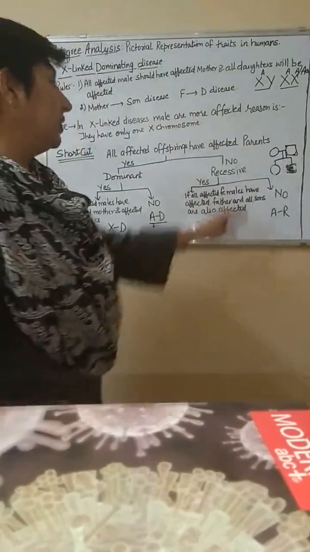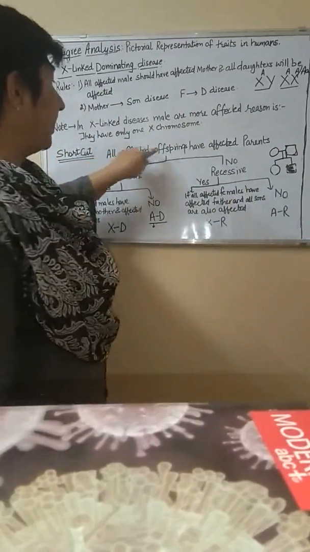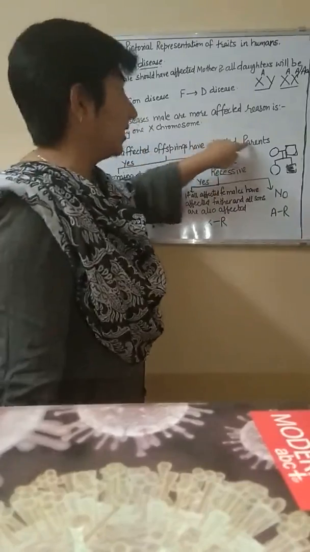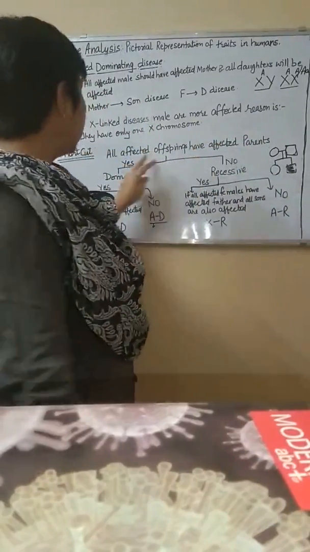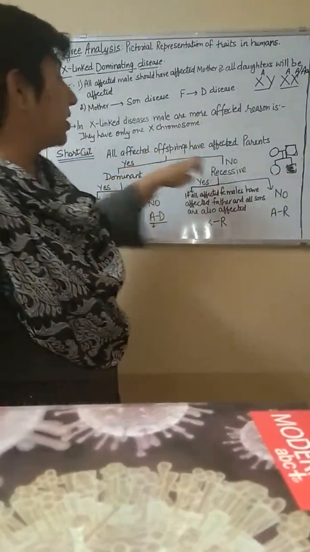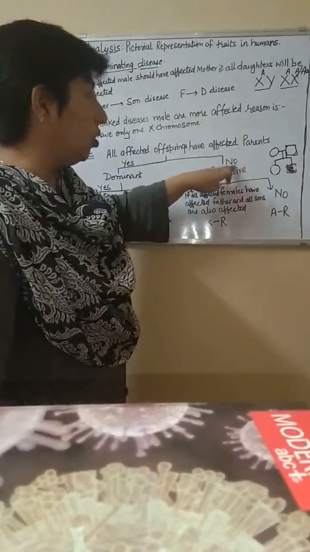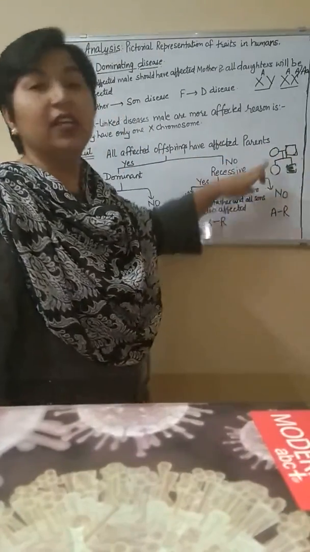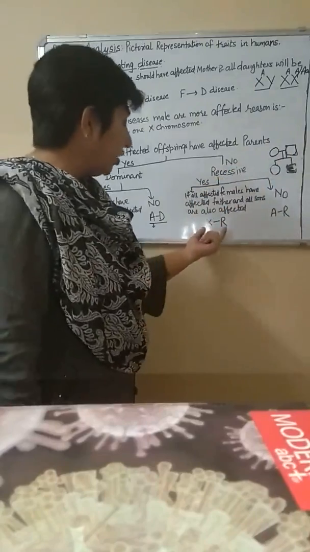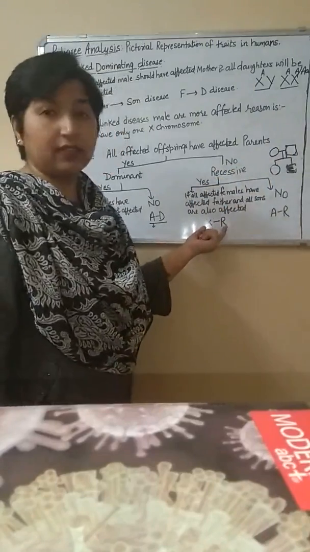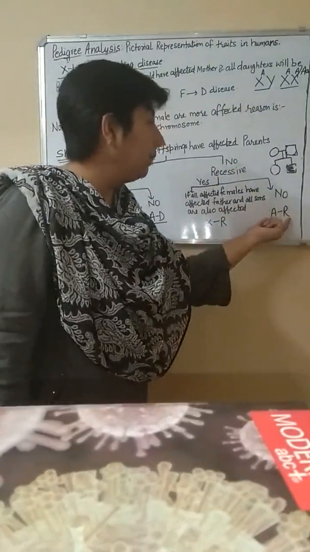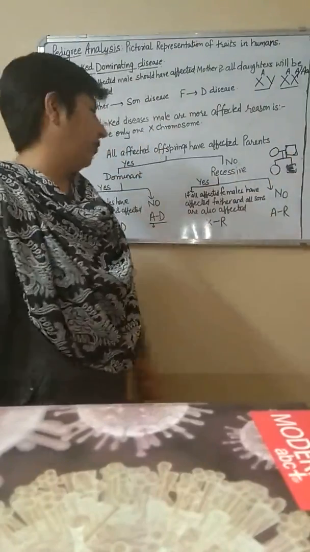Under such circumstances, do all affected offspring have affected parents? No, they do not. So it's not coming for yes, it's coming for no. And if it is no, that means it's a recessive disease. Now, out of the two, X-linked recessive or autosomal recessive, we have to find out.